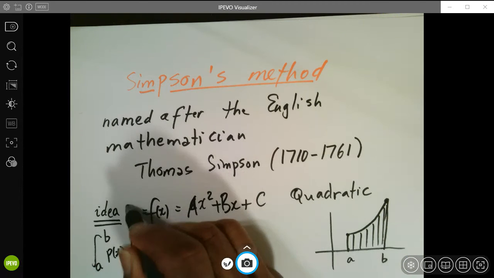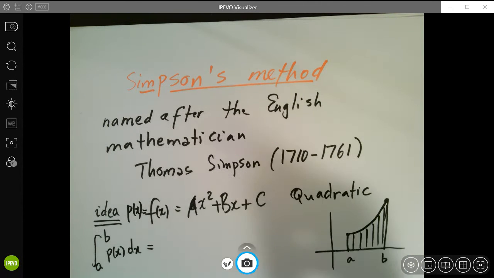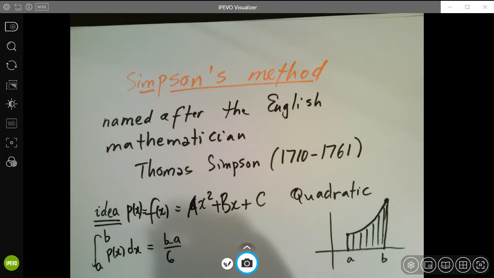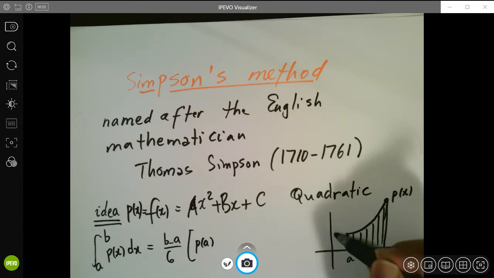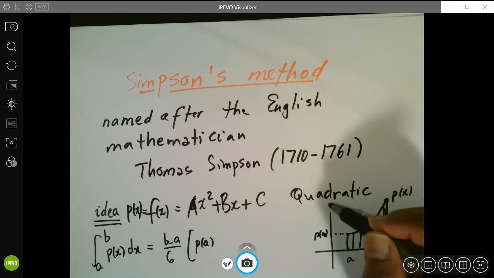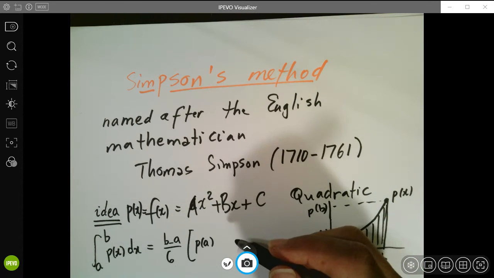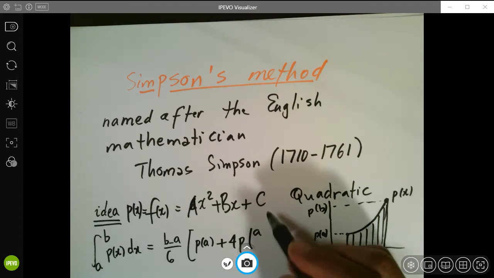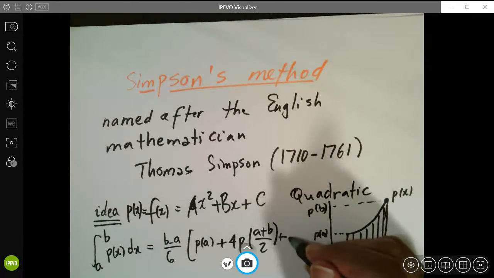I'm going to call this one p of x, the polynomial. The integral is b minus a over 6 times P of a, plus 4 times P of the midpoint, plus P of b.